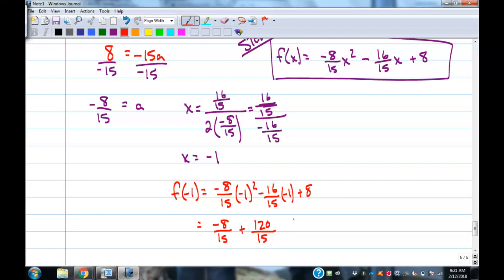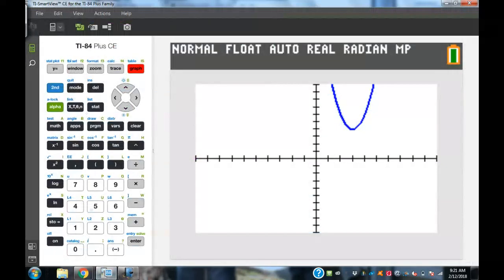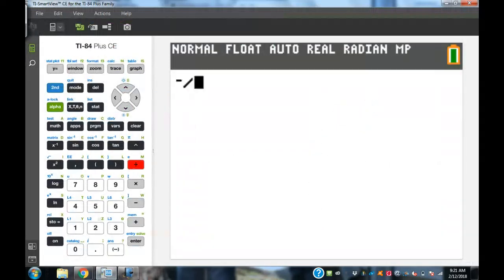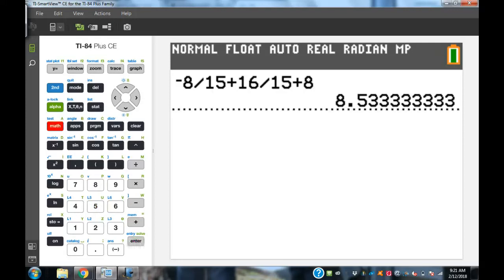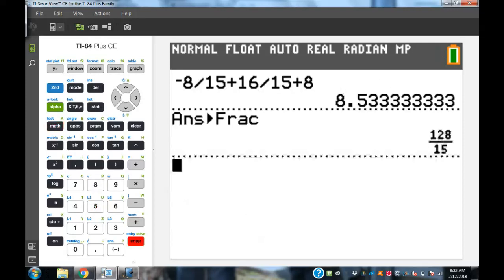Is that right? That ain't right. I'm going to break it down. Negative 8 over 15 plus 16 over 15 plus 8. Math, enter. 128 over 15.